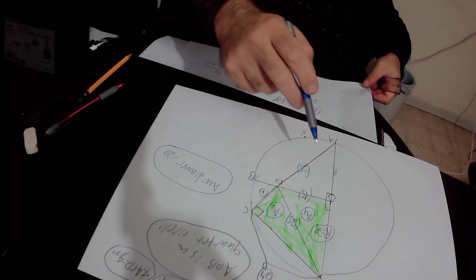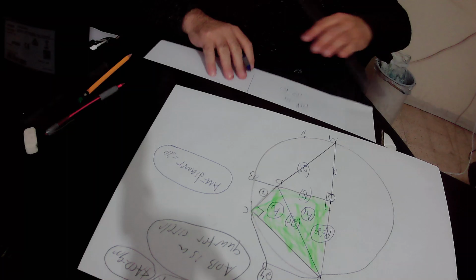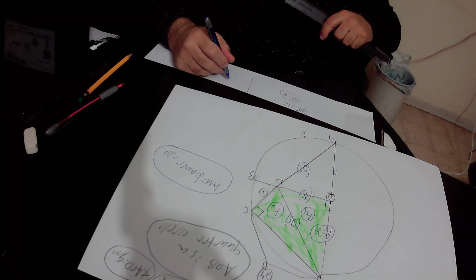A2 is the area of the right triangle ACD, so I copy the right triangle ACD.